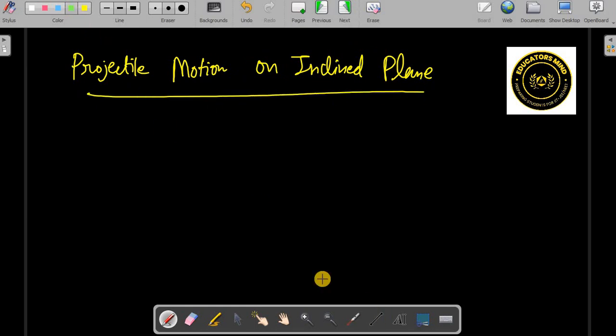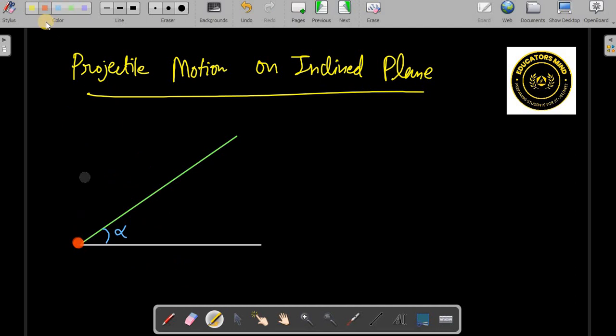Let us say that there is an inclined plane like this, and this is the horizontal plane. You can take this angle as alpha. The object is being projected from the plane in this direction, and this angle you can take as beta.